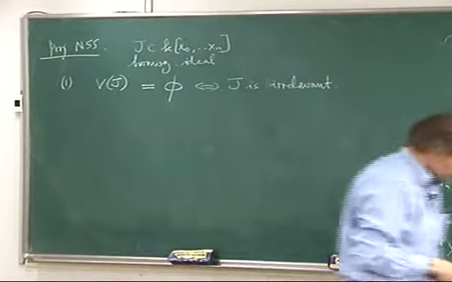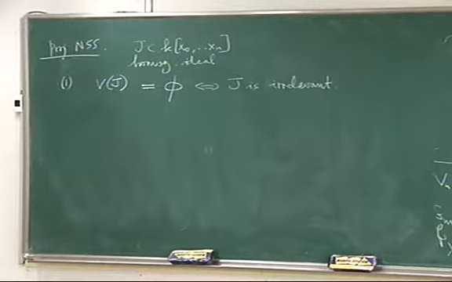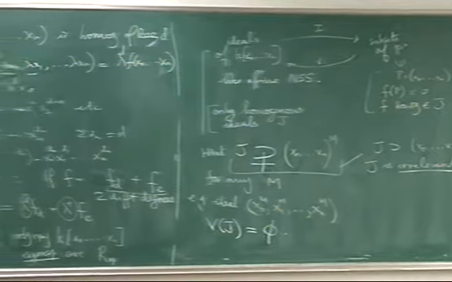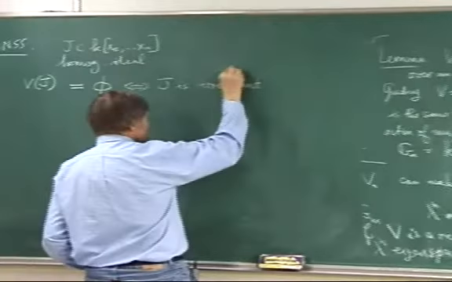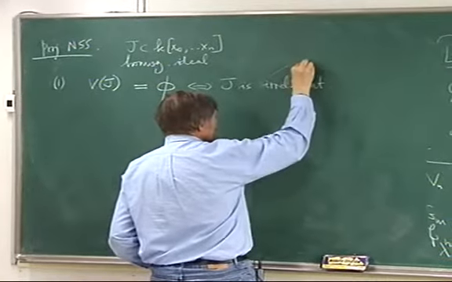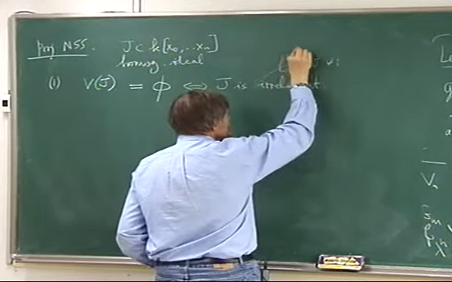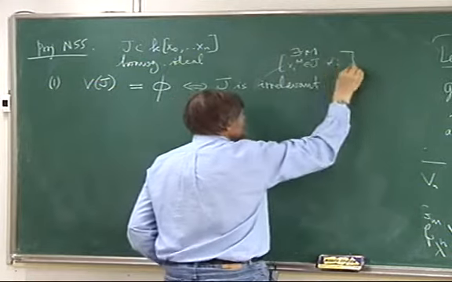That is to say, xi to the power of m is in J for all i.